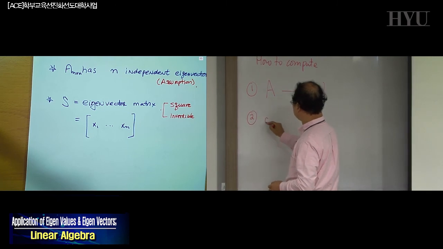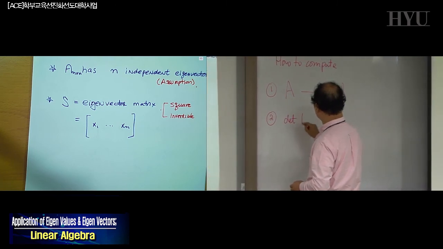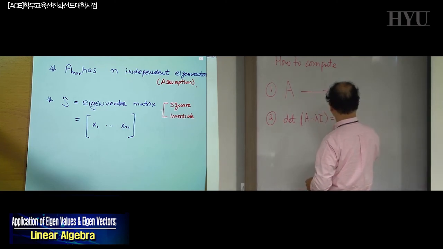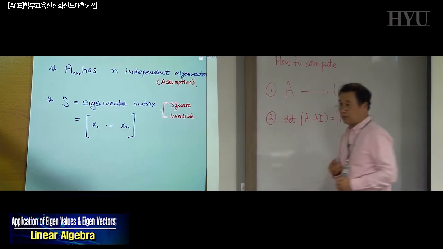What's the second one? We say the determinant of A minus lambda I. This is the way we solve.